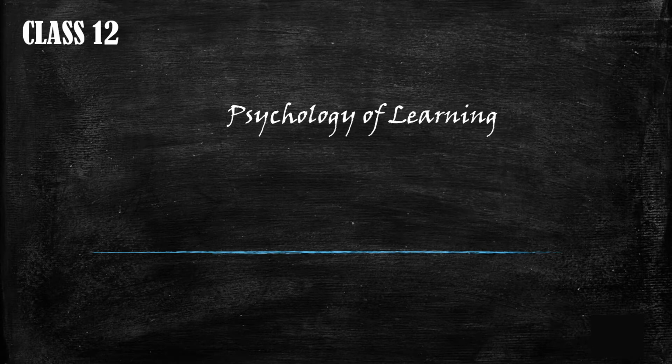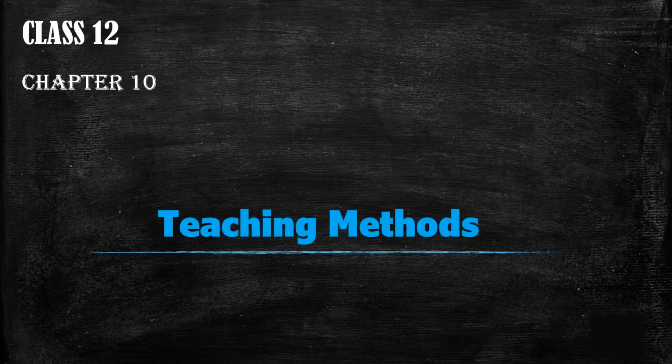In the previous class, we have learned chapter 9, topic learning and teaching in Sunday School, with specific mention of the psychology of learning, goals of teaching in Sunday School, etc. In this context, today we will be learning chapter 10, teaching methods.